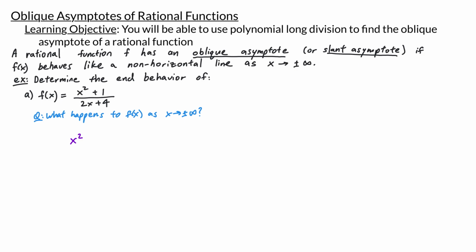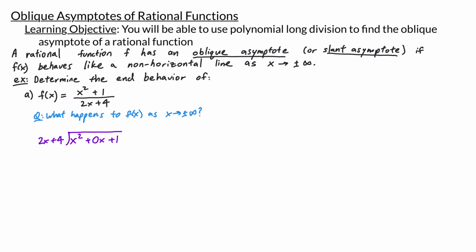So when I write my dividend, instead of just writing down x squared plus 1, we're going to write down x squared plus 0x plus 1. We have this 0x here as a placeholder for the missing x term in our polynomial. Now we draw the long division symbol, and then we write our divisor on the outside, 2x plus 4.